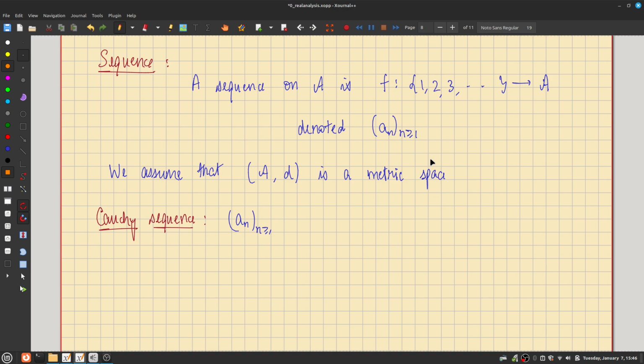So let's look at sequences. What is a sequence? A sequence is just an infinite list of elements from a particular set in some particular order. Right? Or mathematically, it is just a mapping from the set of all natural numbers to this particular set. So A1 is some element of A, A2 is some element of A, and so on.